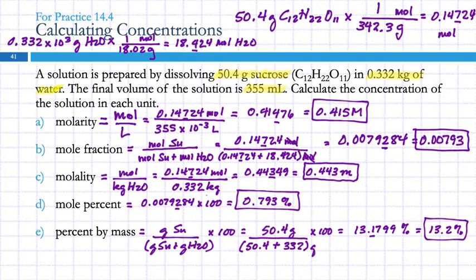Would you ever ask us for the percent by mass of the water? I could ask you for the percent by mass of water in the solution. Yeah. And so if we have the percent by mass of the sucrose, then the difference between that and 100 is the mass percent of the water. Yeah. Any other questions?